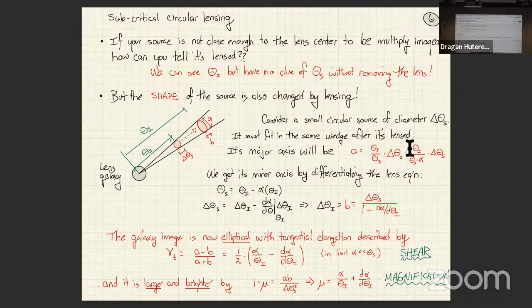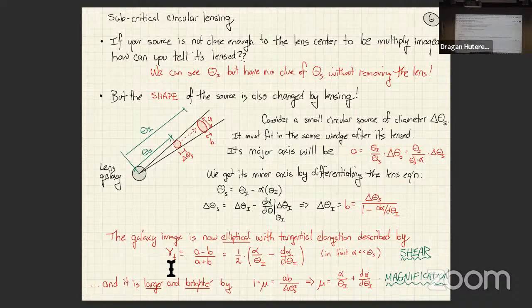Well, if I take this A and this B and plug them in, I can see that my circular galaxy is going to get turned into an ellipse given here by 1/2 of (alpha over theta I minus d alpha d theta I). Okay. And this quantity here is called the shear of the lens. Shear because it takes a circular galaxy and pulls it into something with this ellipticity.